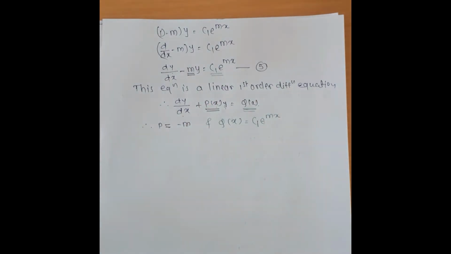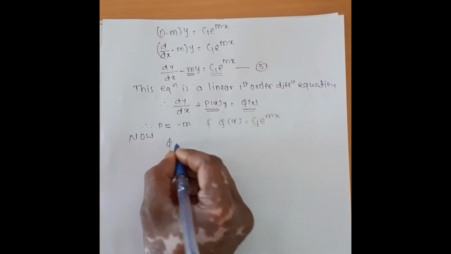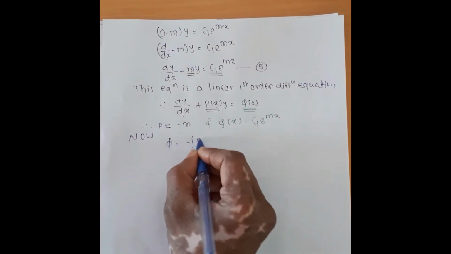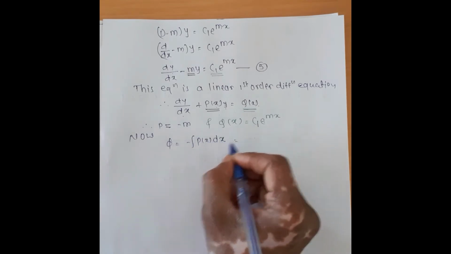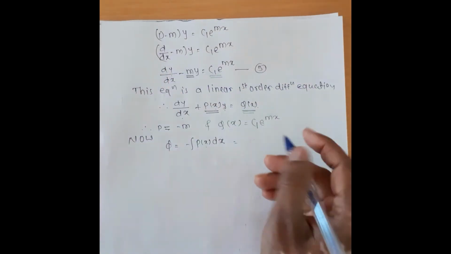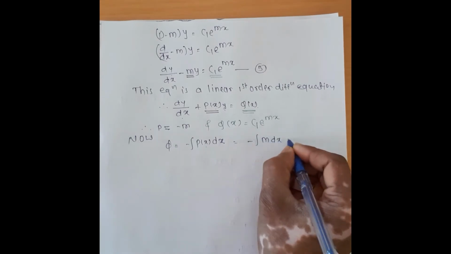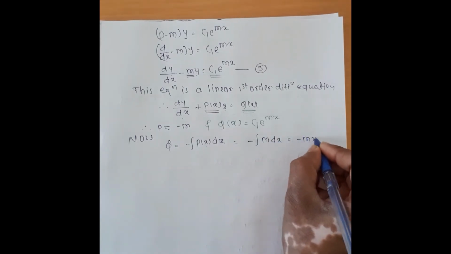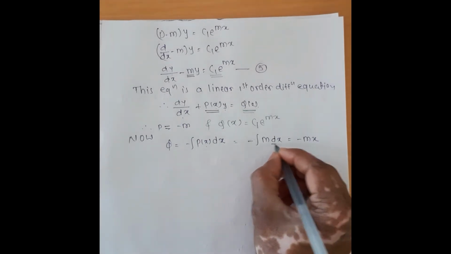Now you know phi is equal to the integral of p of x dx. The value of p of x is minus m, so we put minus m dx, which is equal to minus mx, because the integration of dx will be x.